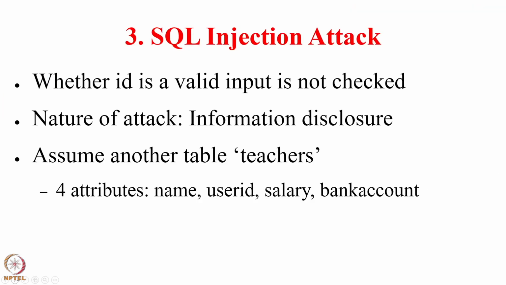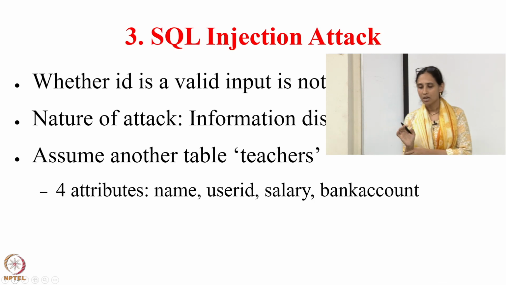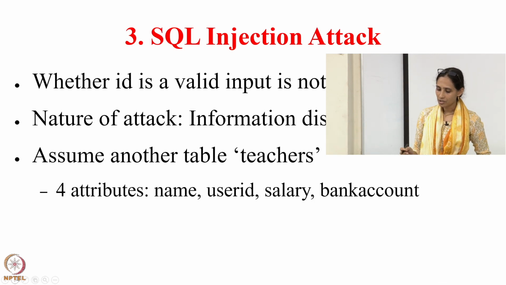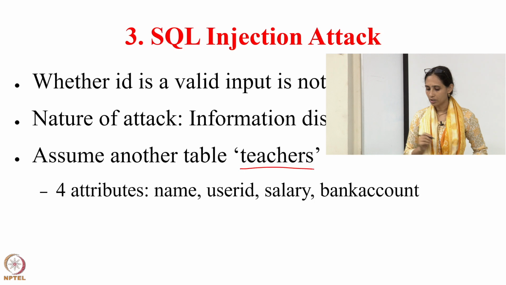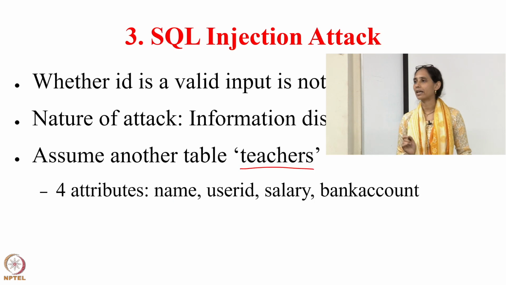Now, what SQL injection is basically: if this ID, where you are given id is equal to 2, if you give some other value in that ID, you can basically do something where you may be able to reveal information which you are not supposed to reveal. So, that is the basic idea. To illustrate it, let us say there is a table called teachers, and this table teachers has 4 attributes, which are name, user ID, salary and bank account.